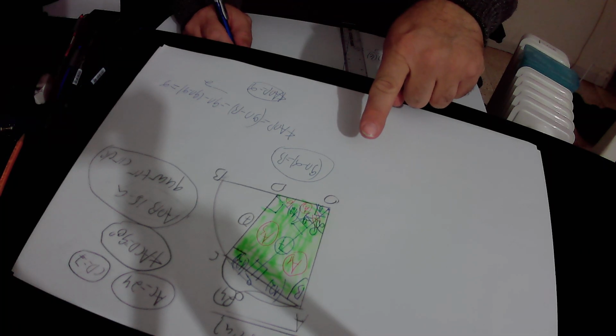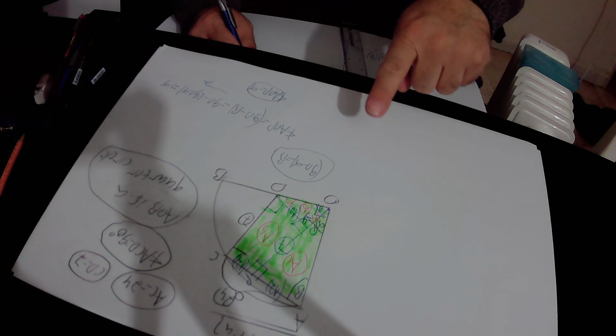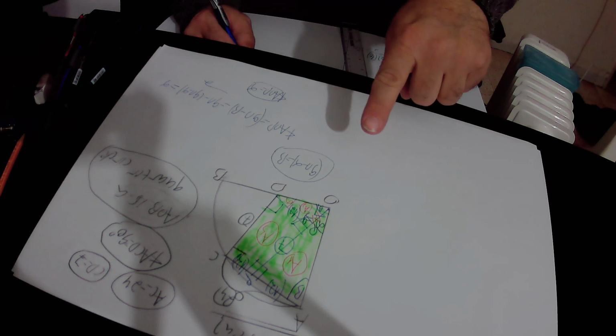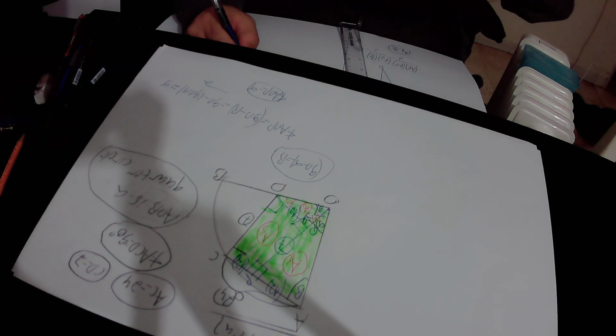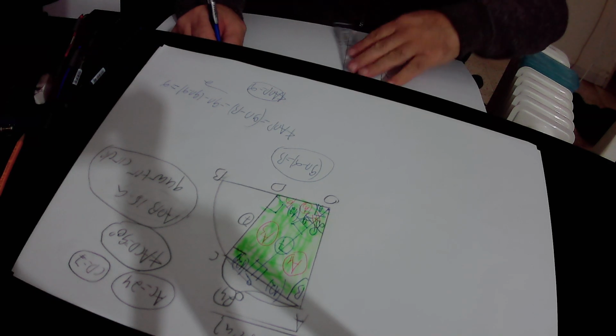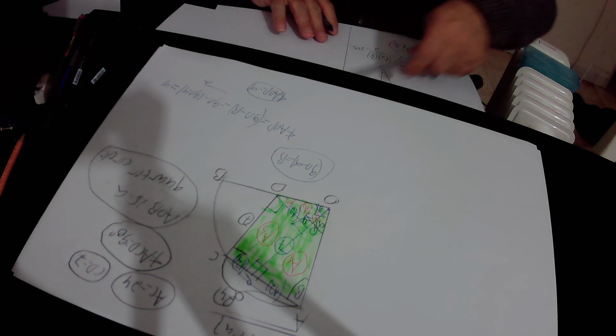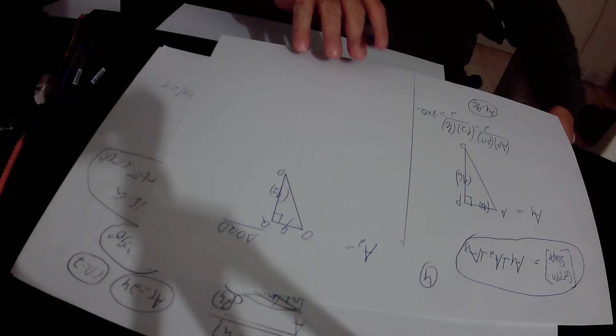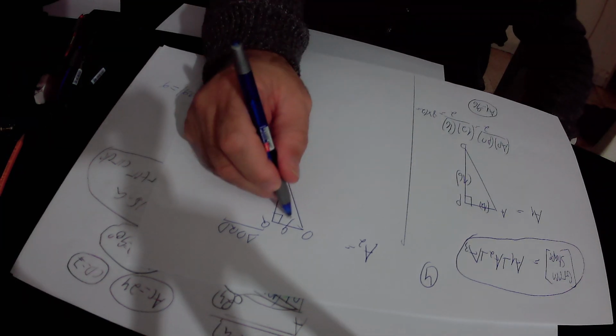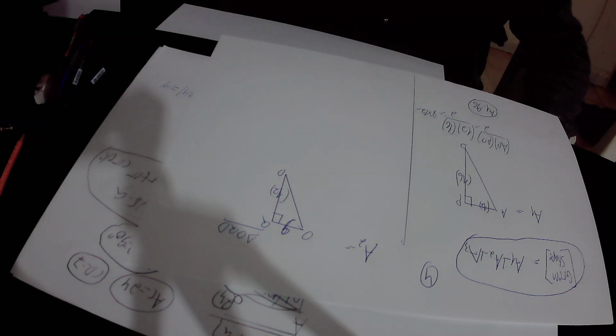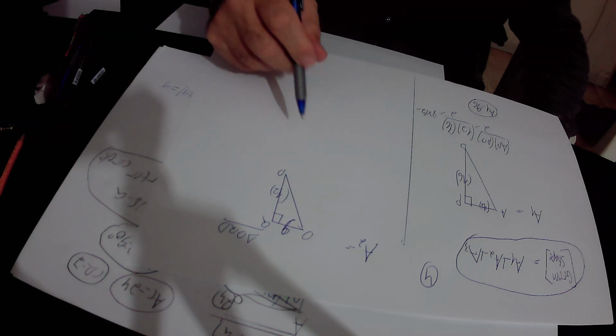OQ equals x, and x equals 9. QD equals 12. So this is the right triangle OQD, copied from the original drawing. OQ equals 9 and QD equals 12.